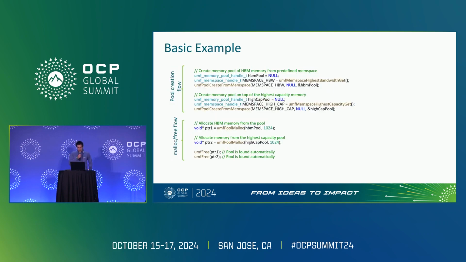Here you can see a basic code example of how you can utilize those memspaces and how you can allocate memory using UMF. So on the top, you can see how you first create a pool. Here we are creating two different pools, one for HBM memory, one for high capacity memory.